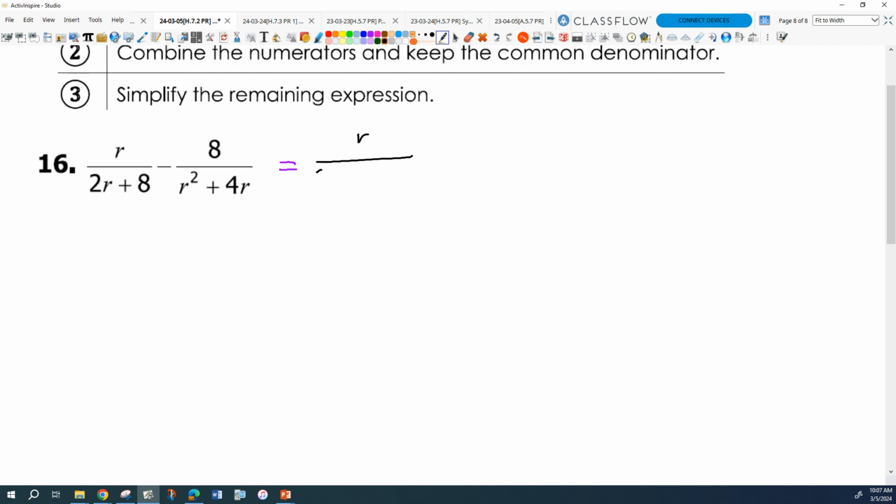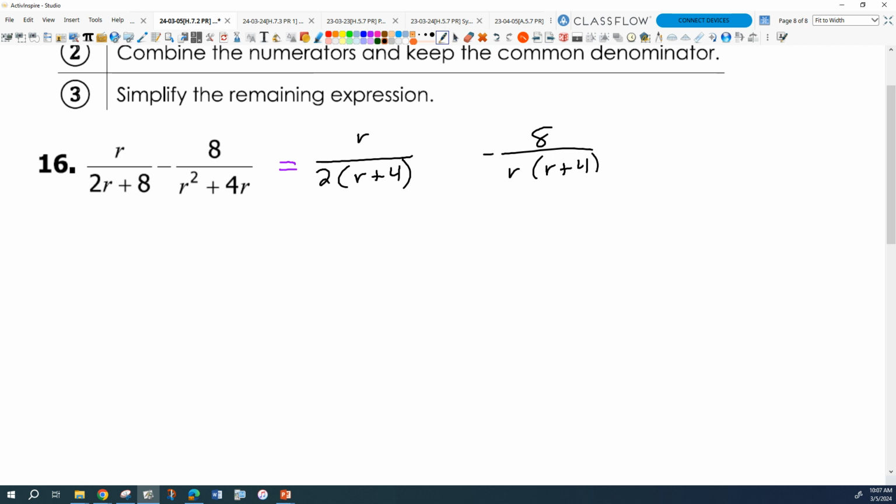I just take out a 2. I get 2 times the quantity r plus 4. I'm going to leave a big space here. Minus 8 over, I can factor an r out, and I get r times the quantity r plus 4. Okay, so I need a common denominator, right? Are there any factors in the second denominator that I don't have in the first one? R, right?